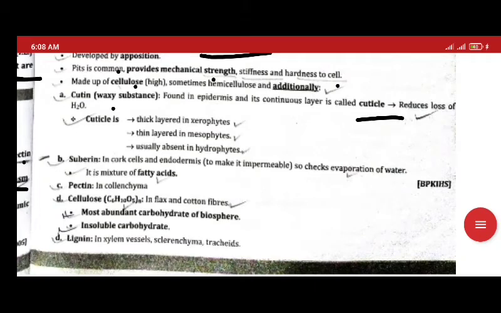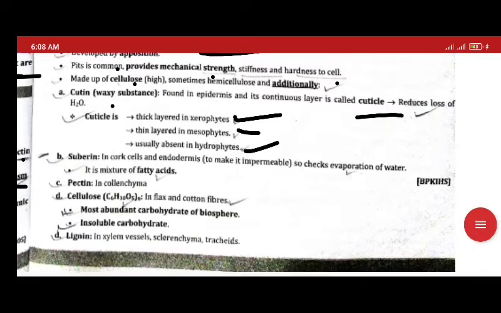Now the cuticle is thick in xerophytes, thin in mesophytes, and absent in hydrophytes. Now we have the second, suberin. Suberin is in cork cells and endodermis.